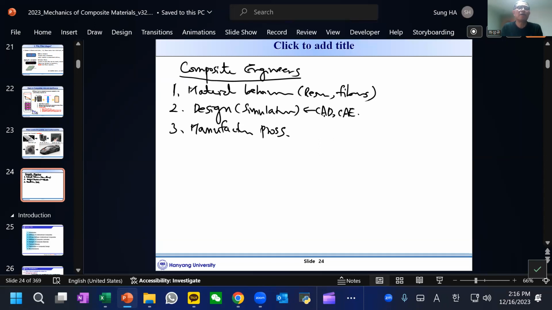And mathematically, we need to understand the anisotropic behavior, or plasticity, or viscoelasticity, etc. So material behavior, especially polymer. Polymer has a very typical behavior, and we have to have room for understanding.